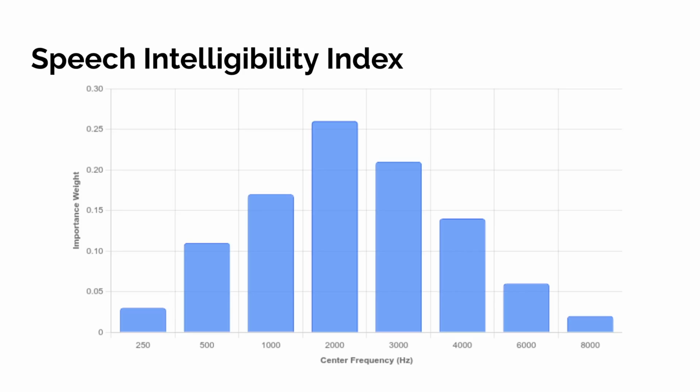The clinical bottom line is this data explains why typical high-frequency sensorineural hearing loss devastates speech clarity. Patients lose the critical 2,000 to 4,000 hertz range, and that dictates why hearing aids prioritize gain in these specific channels to maximize the Speech Intelligibility Index.